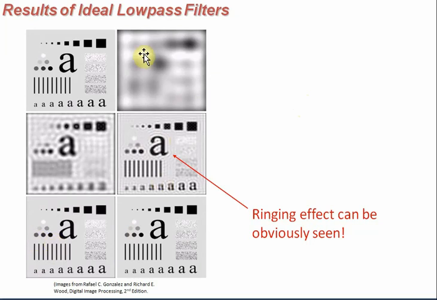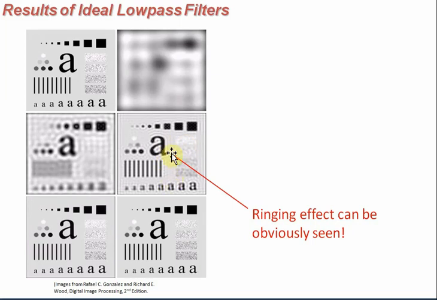Based on the radius D naught of the particular filter, we can get enhanced images, image smoothing. Based on the application, we decide the D naught value. Now if you observe the output images, the smoothened images, you can observe the ringing effects.